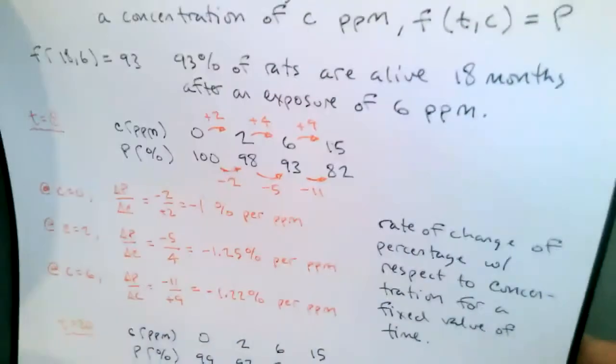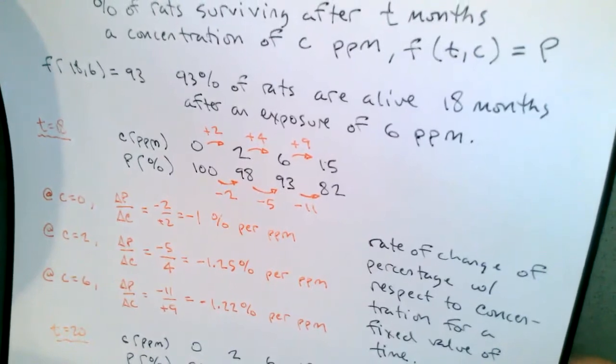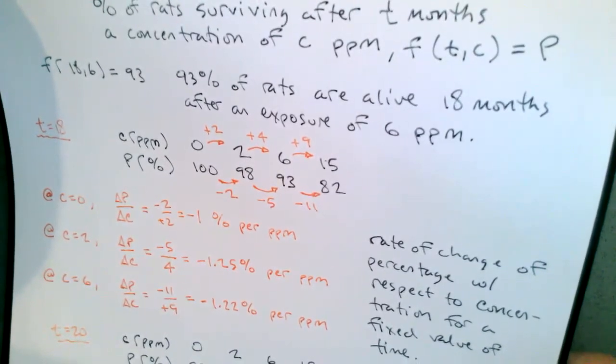So we can make a table of values for c equals 6 and think about a one variable function. So I'm going to have time in months and down here percentage.